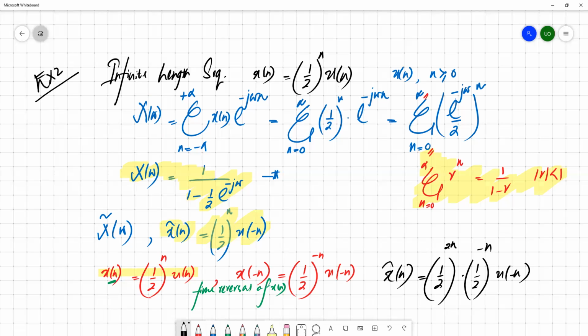If you simplify (1/2) to the power 2n and (1/2) to the power minus n, you end up with (1/2) to the power n, and here u[-n]. So this is actually x tilde[n]. But by looking at this block, this is actually x[-n].